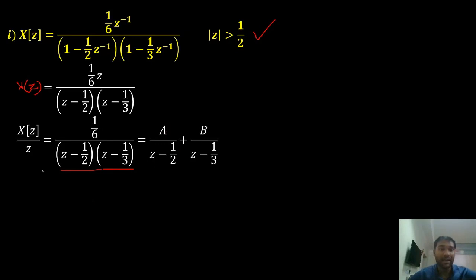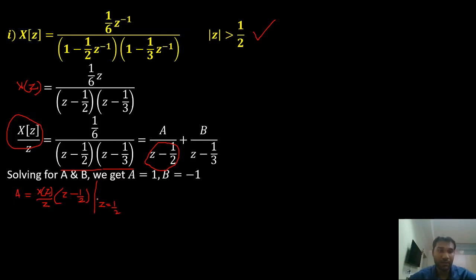So how will I calculate a and b values? To calculate a, I take x of z divided by z, and multiply this term with the denominator of a, z minus 1 by 2, at z equals half.